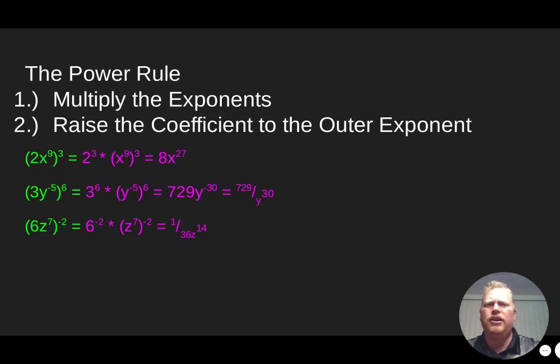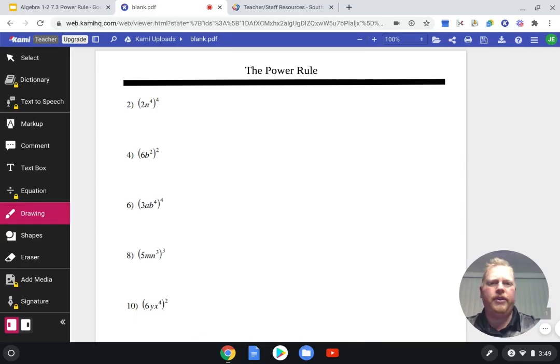Okay, let's take a look at a few more examples and see if this makes more sense. Now that we've got the hang of the general power rule, I want to fire through these relatively quick. So I've got 2 to the 4th as well as n to the 4th to the 4th.